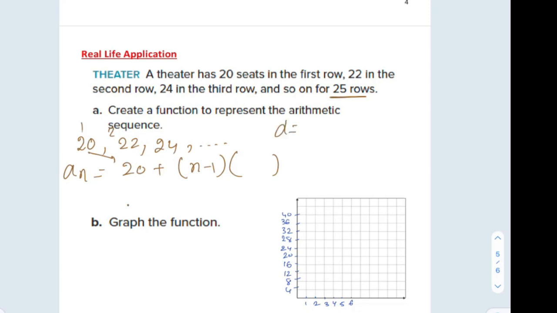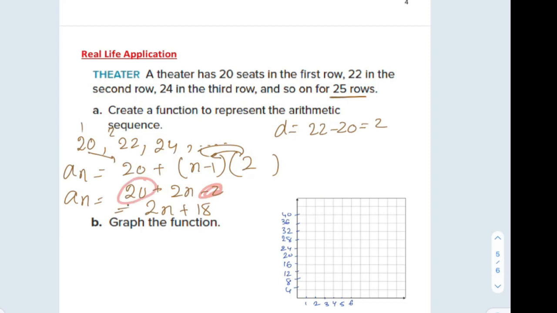Our d here is very clearly 2. It's 22 minus 20, which is 2. And our function will be 20 plus 2n minus 2 by distributing, which is 2n plus 18, knowing that 20 and minus 2 are like terms. So this is your a_n.